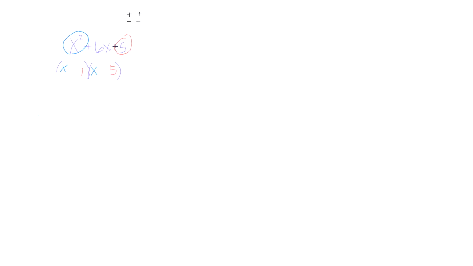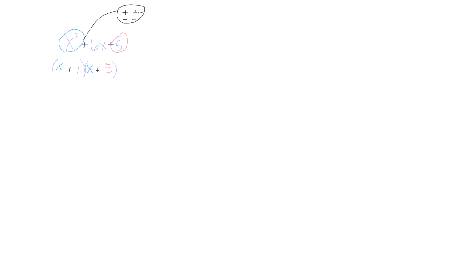While I'm thinking about this, I'm looking at this sign and saying, well, I need them both to be positive, because when I add them up, I need them to be positive. So which set of signs am I going to go with? The positive ones, because I need these, when I add them up, my middles to be positive 6x.